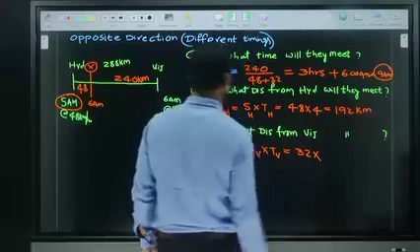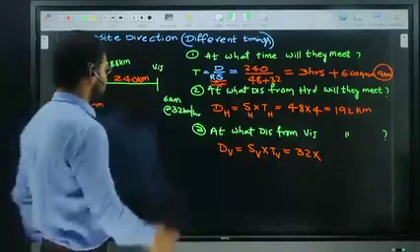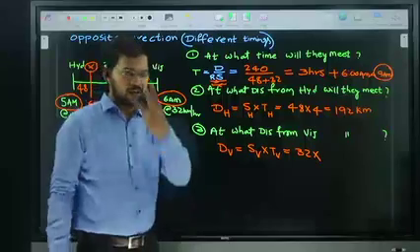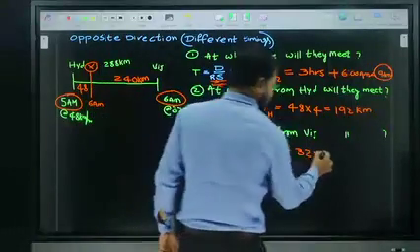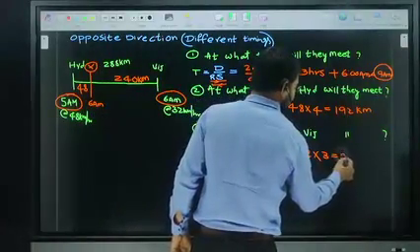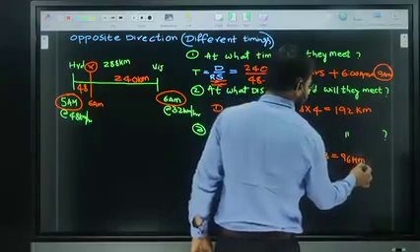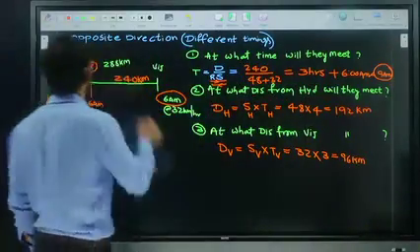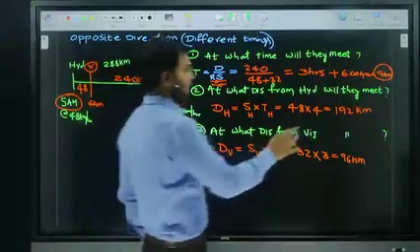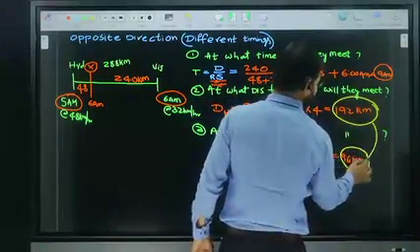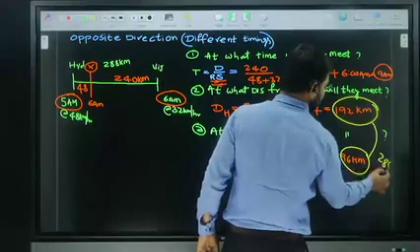Starting time is 6 o'clock. Meeting time is 9 o'clock. Therefore, traveling time is 3 hours. 32 into 3 is how much? 96 kilometers. If you have any doubt, if you add these two, 192 kilometers and 96 kilometers, you get 288 kilometers.